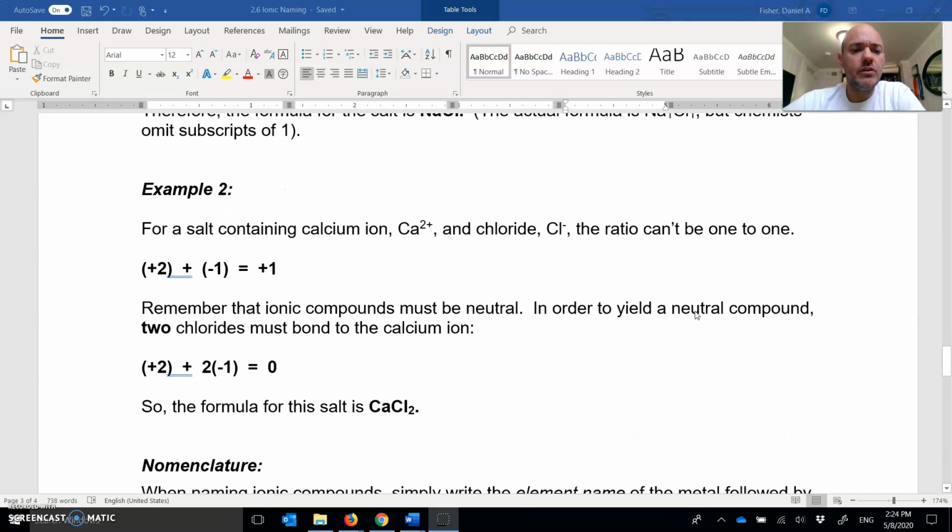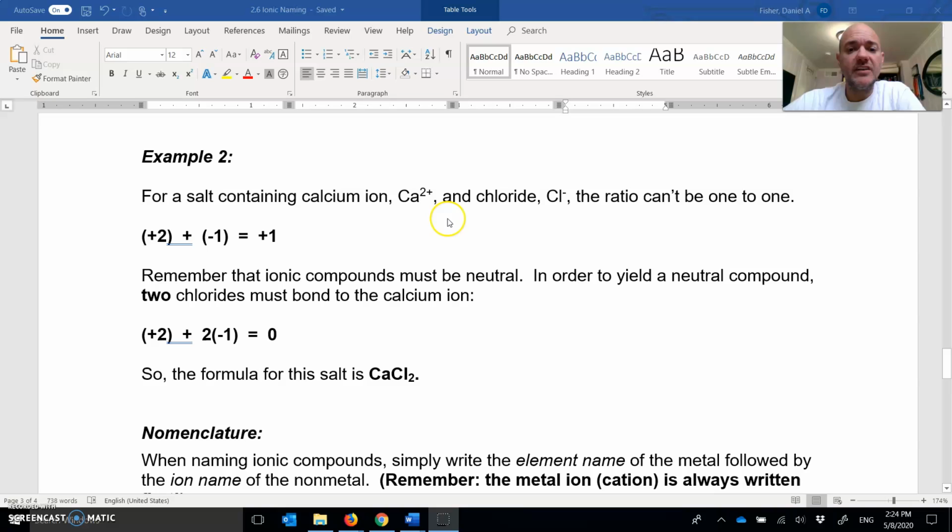Another example is when we have a calcium ion and chloride. And it can't be 1-to-1 because calcium ions have a +2 charge and a chloride ion has a -1 charge. So those don't even out. Ionic compounds are collectively a neutral substance. So if you have a +2, you also have to have -2, right?